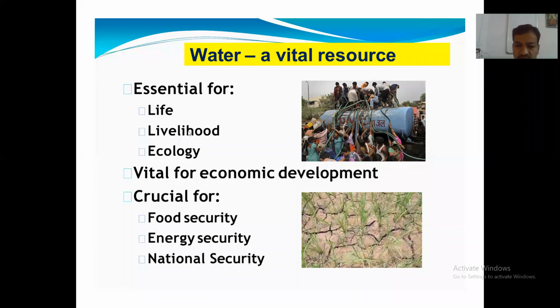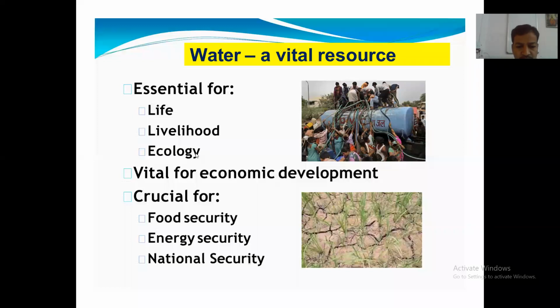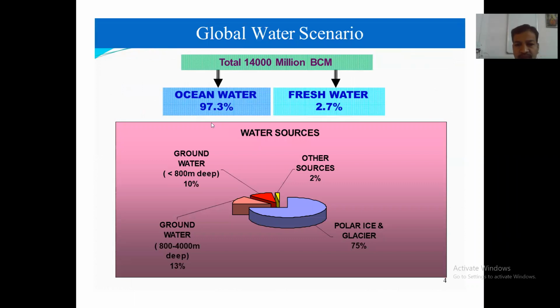And also it is a vital resource for economic development of the country. This resource is very crucial for food security, energy security, and national security. Therefore, this water should be effectively used, and it should be distributed wherever there is a scarcity of water. The water requirement should be fulfilled.